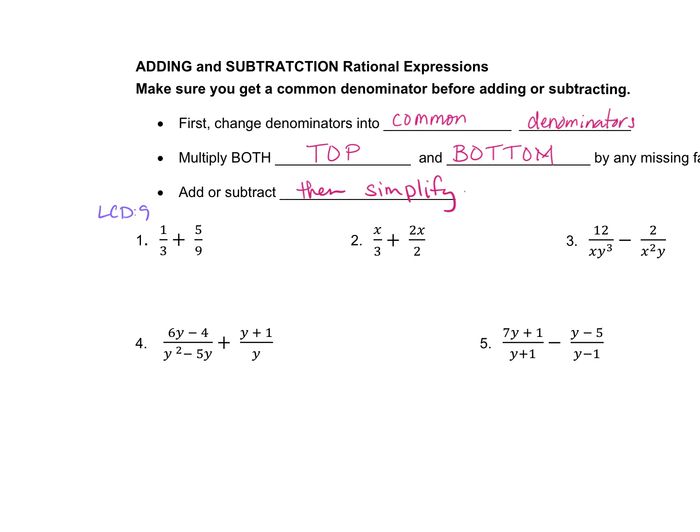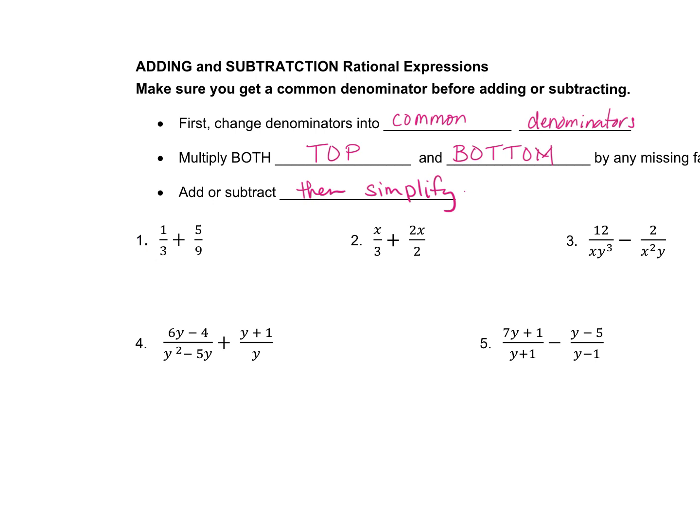Well, for this one, I need a 3, and I do the top and bottom. And there's that form of 1. And here, I don't need anything for the second fraction, so we just leave it. So my common denominator, my LCD, is a 9, but on top I have 3 plus 5, and so my final answer is 8 over 9.